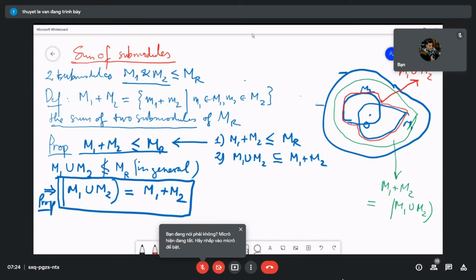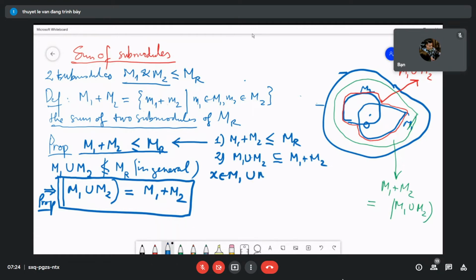So you take X in M1 union with M2. So it will be X is in M1 or X is in M2.